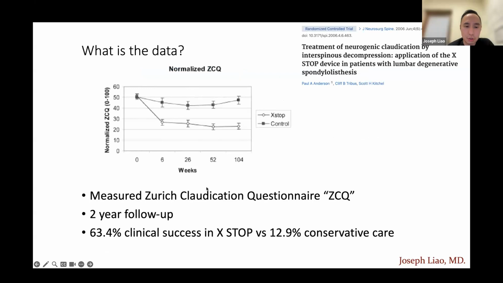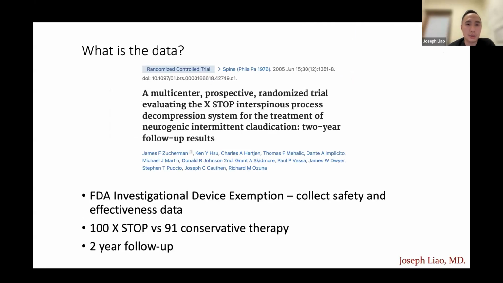So the ZCQ is the Zurich Claudication Questionnaire, and that's essentially a functional assessment of the extent of neurogenic claudication one has. And what they found was that with the interspinous treatment through X-Stop, there was a 63% clinical success versus 13% in conservative care.